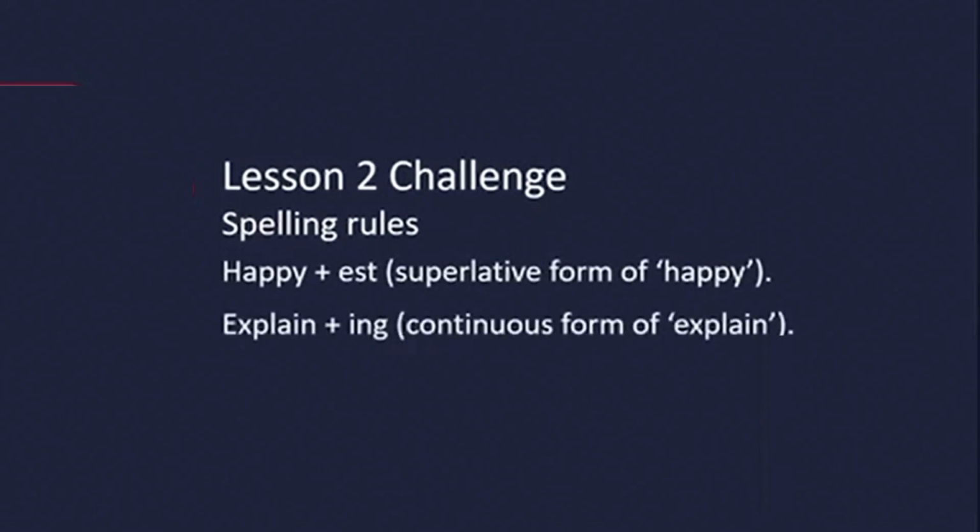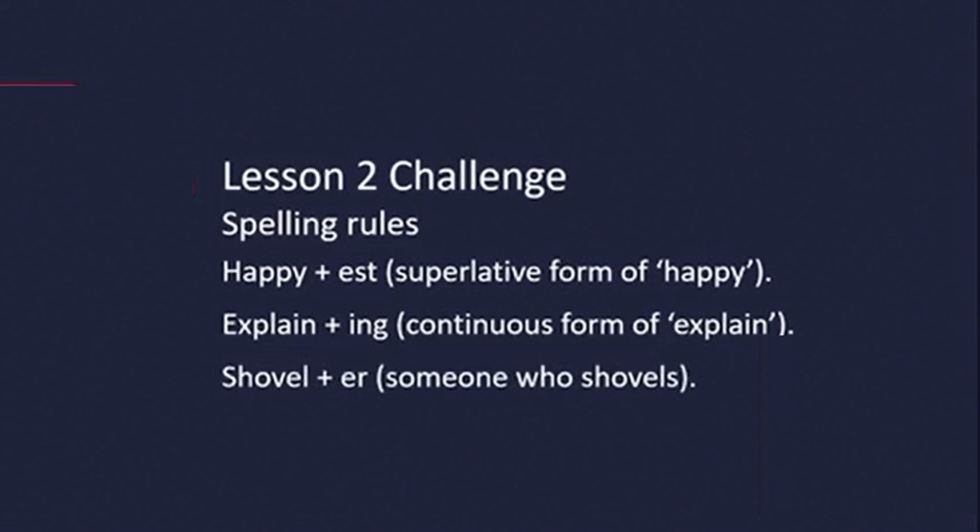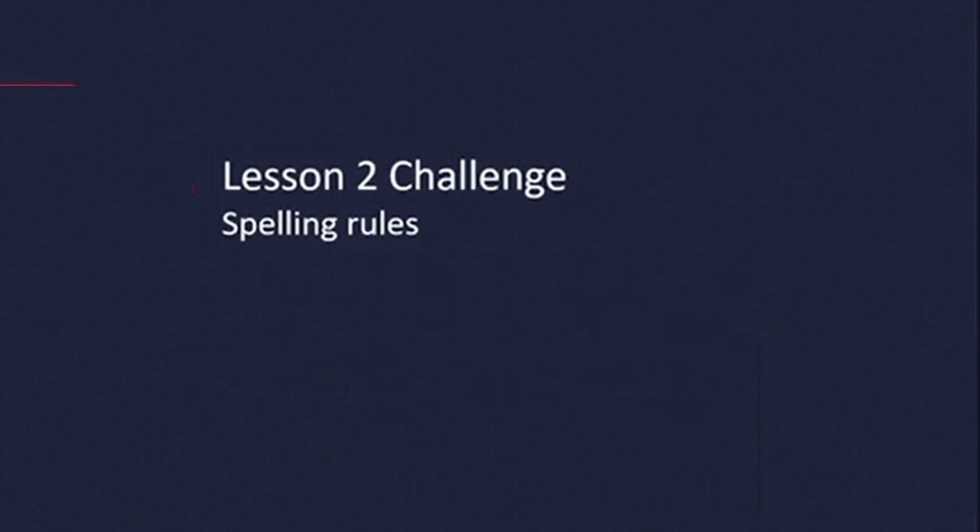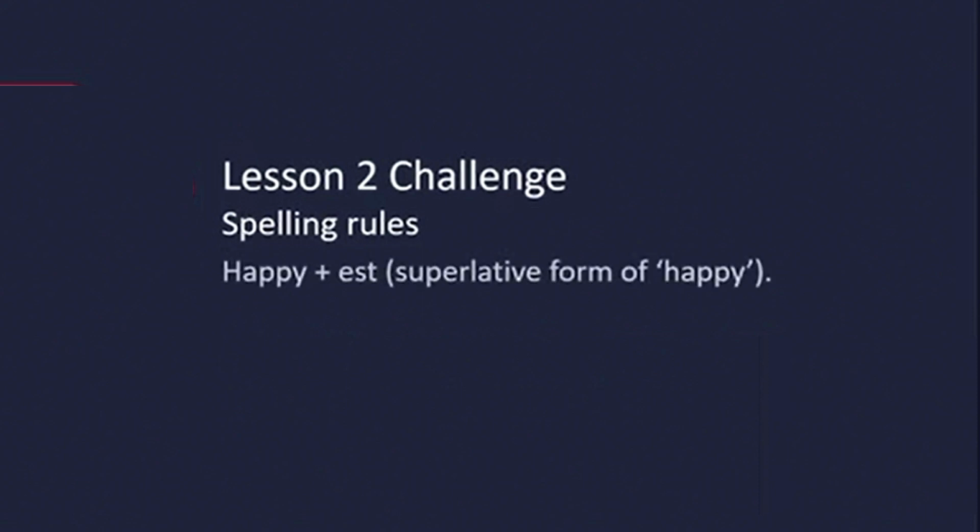Happy, explain, and shovel. Let's see if you got it right. The first word to which you had to add a suffix was happy. You had to add the suffix est, turning it into the superlative form of happy, happiest.